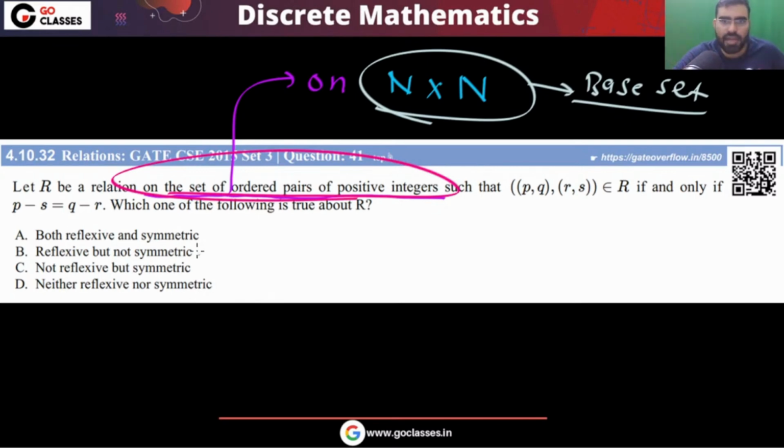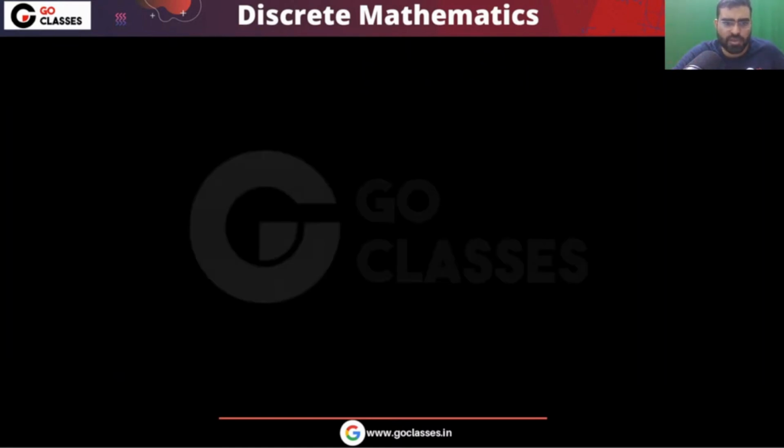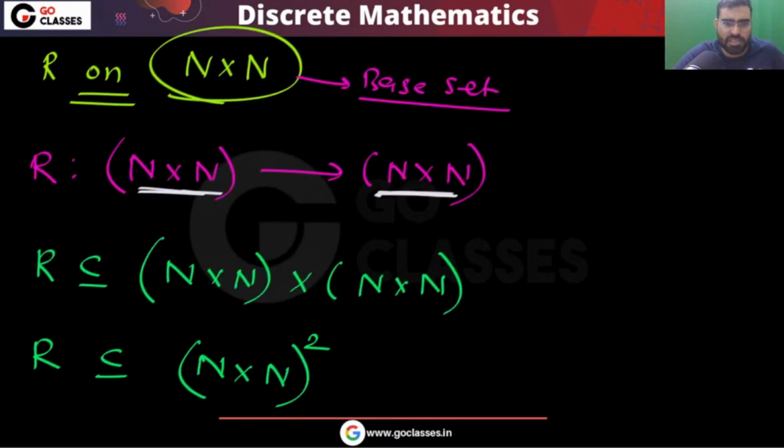Okay, now let's move on. Now the question is saying that this ordered pair is related to this ordered pair if and only if p minus s is equal to q minus r. Before solving the question, you should understand what the question is saying.